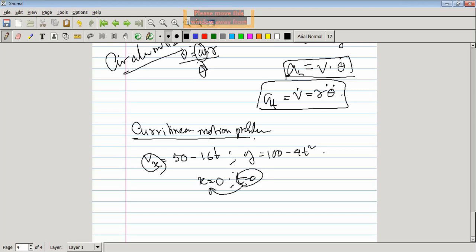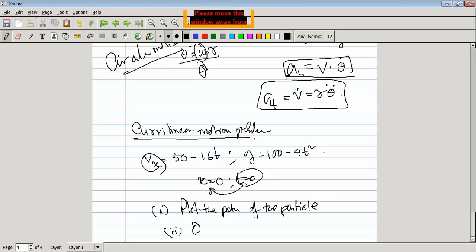So the question is to plot the path of the particle, and to determine its velocity and acceleration when the position y is equal to 0.